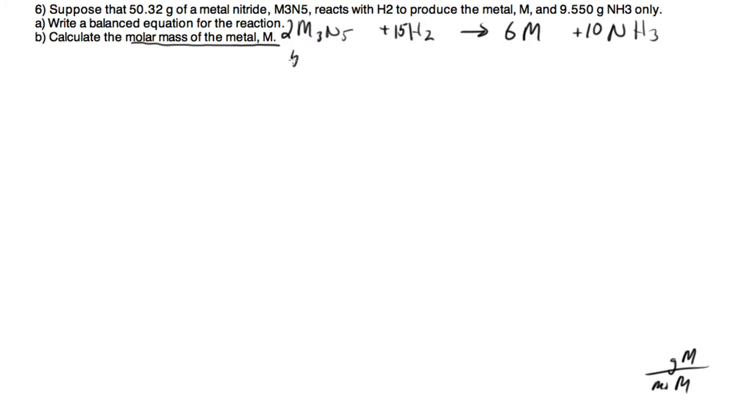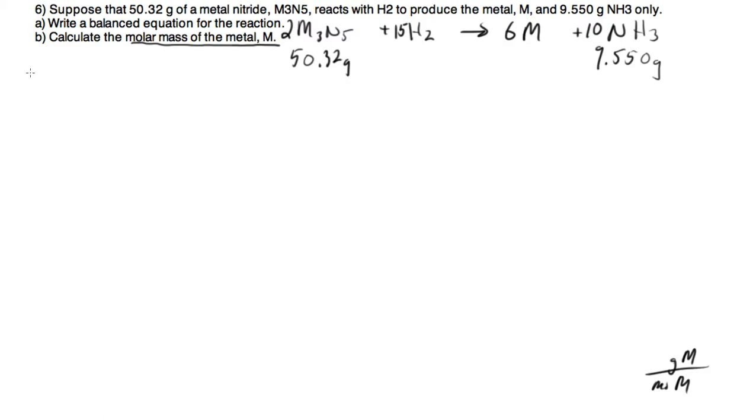We've got 50.32 grams and 9.550 grams. So because we know how many grams here, if we know how many grams of nitrogen, we could subtract and get grams of M.